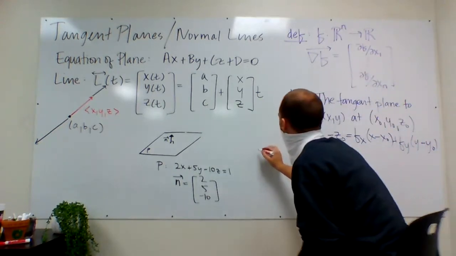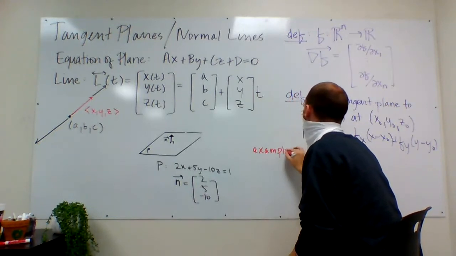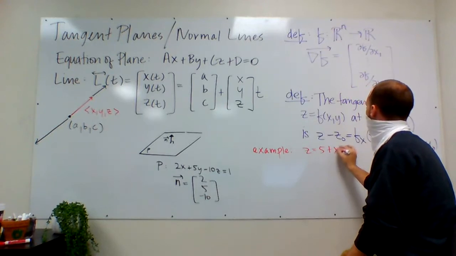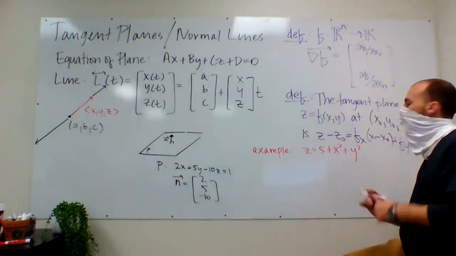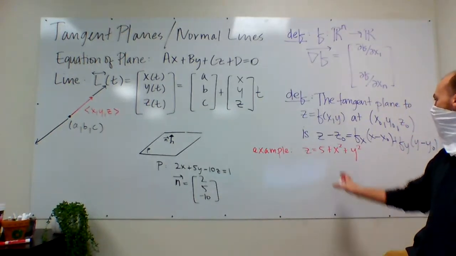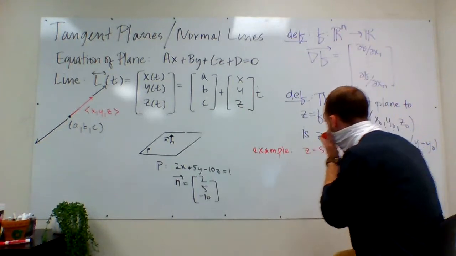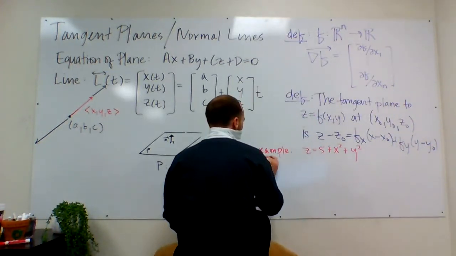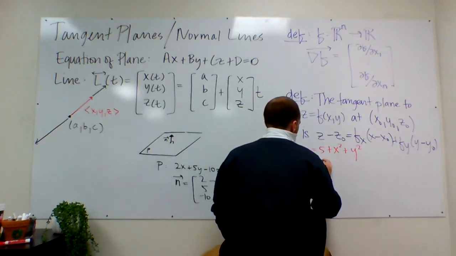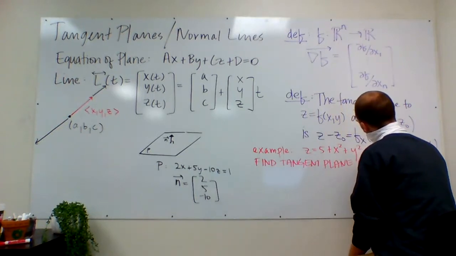So for example, z equals 5 plus x squared plus y squared, and we want the tangent plane to the surface at the point where x is 1 and y is 2. So the instructions are like find tangent plane above 1, 2.